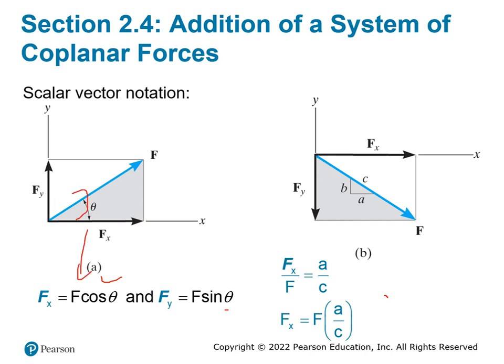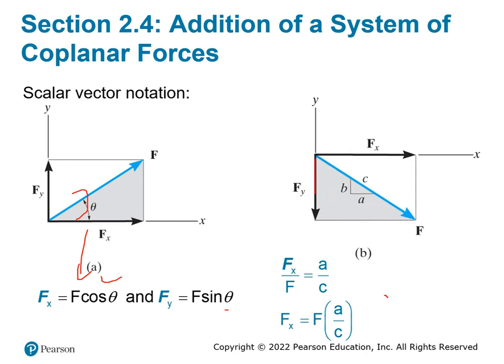But if you are not given the angle, but you are given the slope of your force, for example this F, we know the slope: A in horizontal, B in vertical, and hypotenuse C. If we are given that, how do we get the components? For that, we can consider the small triangle with the slope, that is with the sides A, B, C.